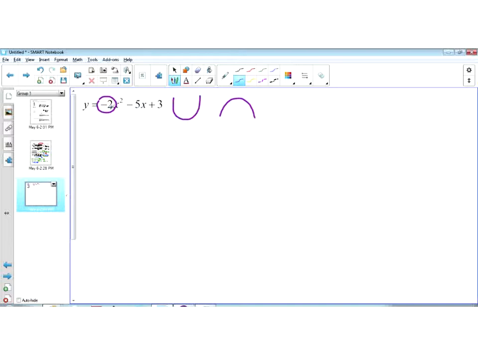And the orientation, whether it points up or down, depends on the sign of the leading coefficient. So since the leading coefficient is less than 0, the parabola will point down.